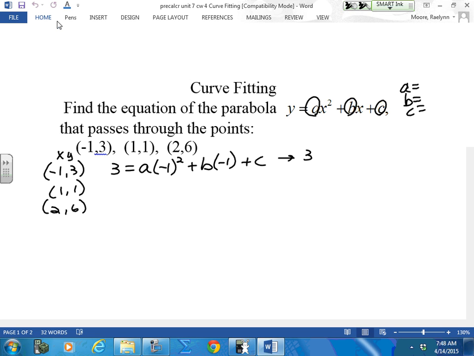This comes out to be 3 is equal to -1 squared is 1, 1a, minus b, plus c. Do I need the 1? No, but we'll just kind of hang out. Now we're going to do the next one. Y is 1, and sorry, x is 1.